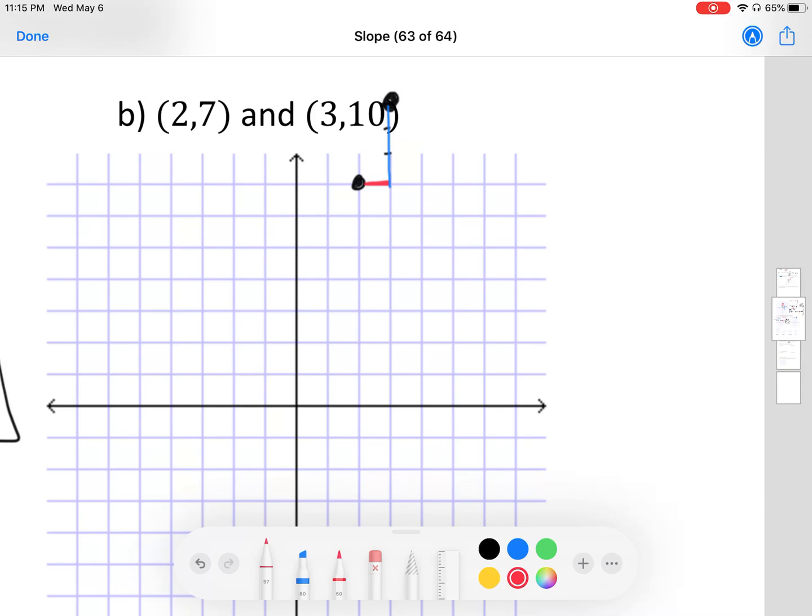All right, let's count our units. Remember, we go from left to right. So I first have my run. I go to the right 1, so that's a +1. And then I'm going to go through my rise, which is a vertical movement. So I have 3 units. One, 2, 3.